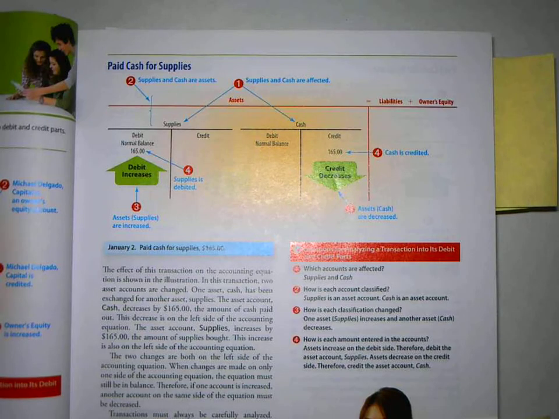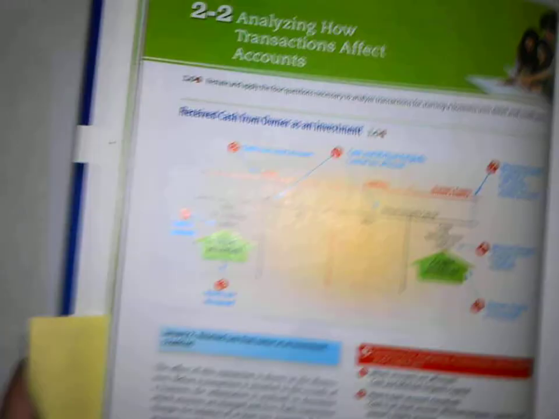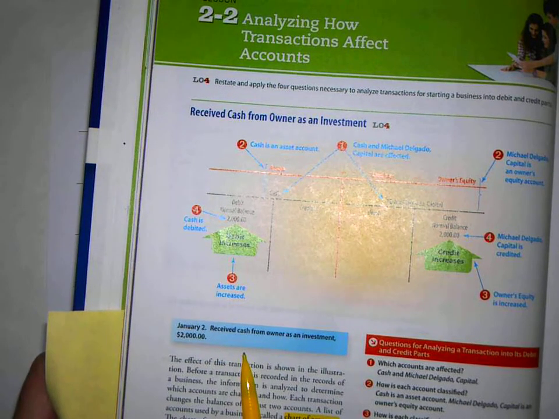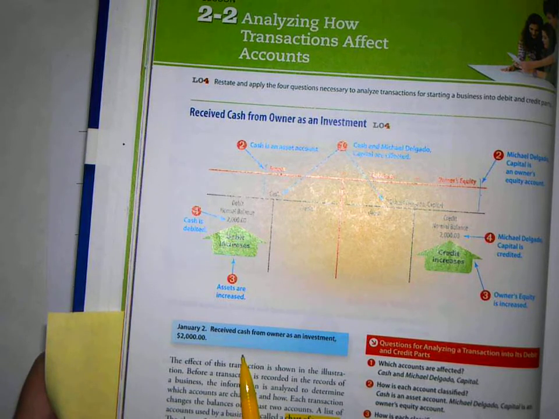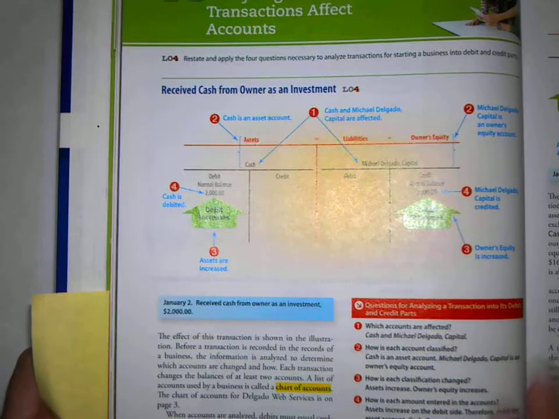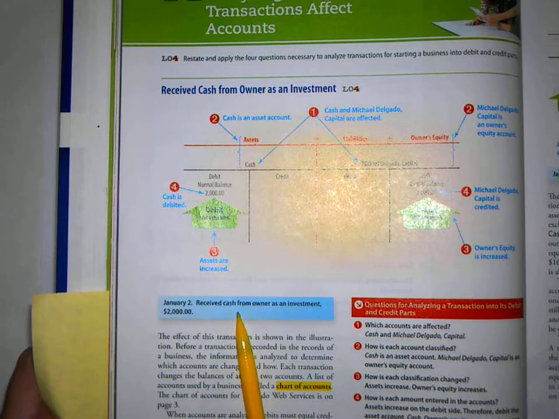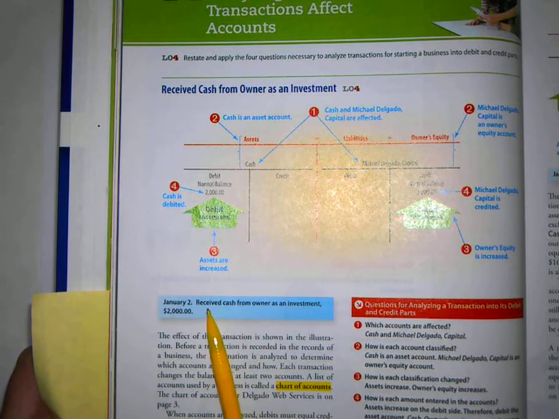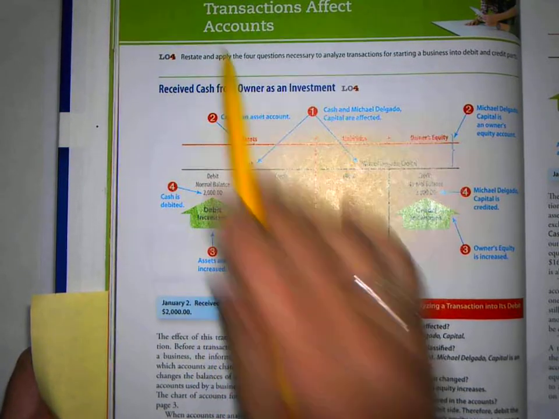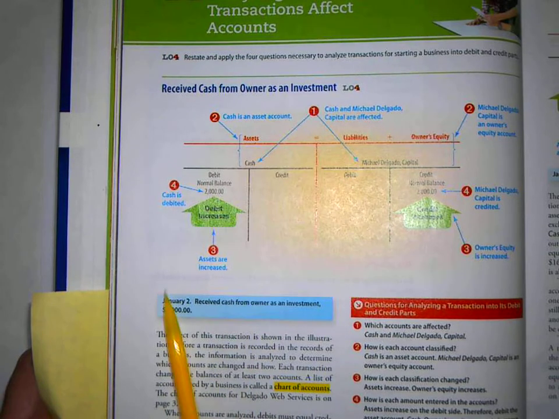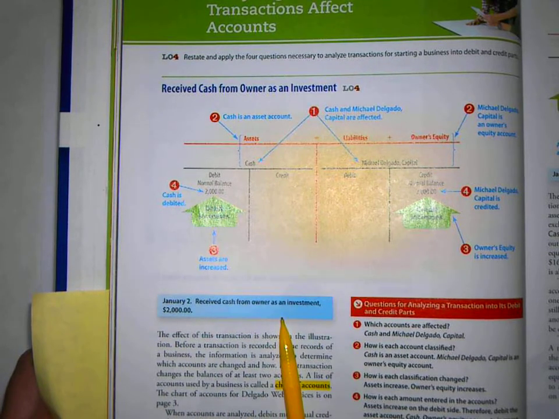Okay? So what we're going to do to work through this lesson is we're actually going to use the transactions for Delgado Web Services and do the T's for each of these transactions, okay? So I'm working through the actual pages in the book, and I'm going to be looking at the blue boxes.